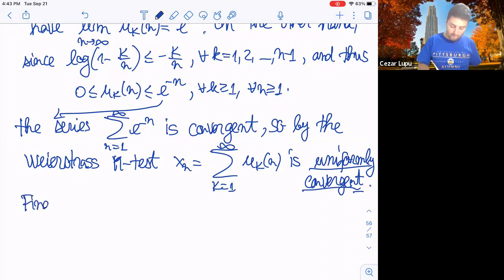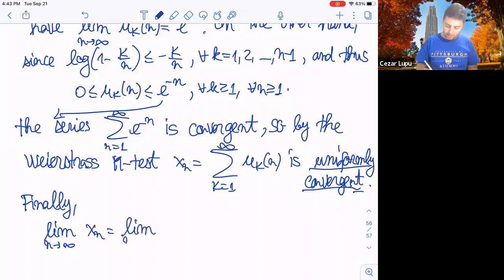So finally, the limit as n approaches infinity of xn is the limit as n approaches infinity of the series of uk of n.